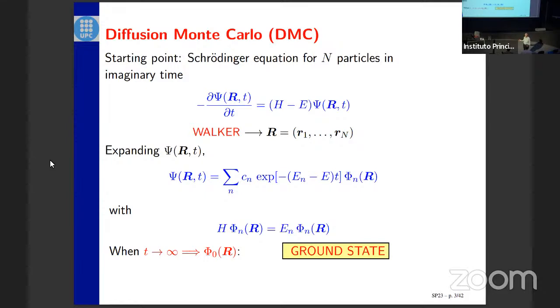This is why it's called diffusion Monte Carlo. Then there is a drift force, which is a technical question, that moves the walkers, the configuration points, to the regions where the wave function is large. And then there is what is called the branching term. It's a bit technical, but the name diffusion comes from the kinetic part.